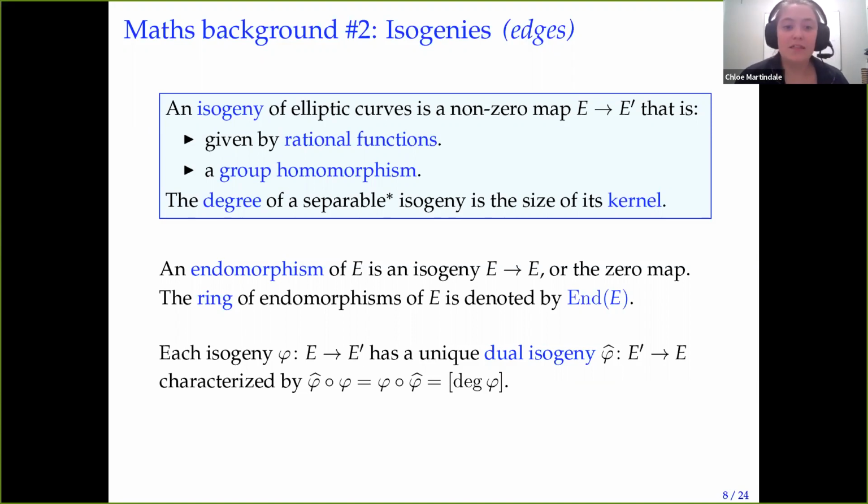But instead of getting the isogeny composed with its dual being the identity, you get the isogeny composed with its dual being this multiplication by m endomorphism that we saw as the first example of an isogeny. In this case, m is the degree of that isogeny itself.